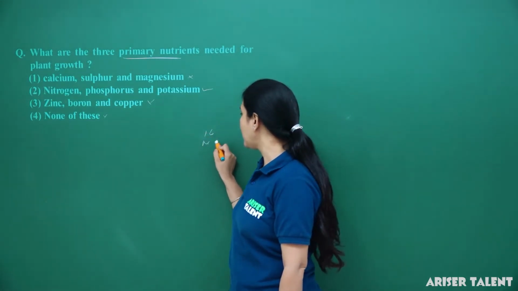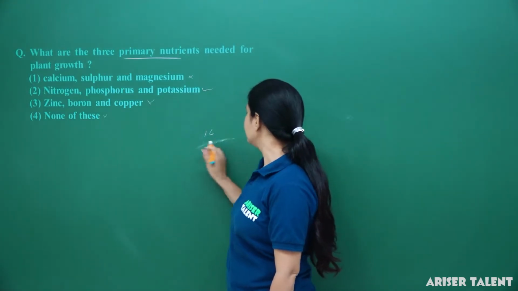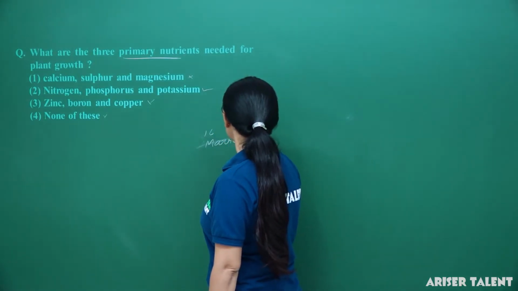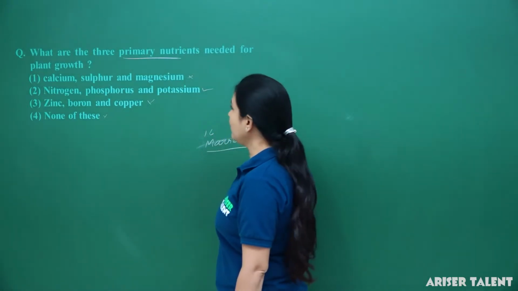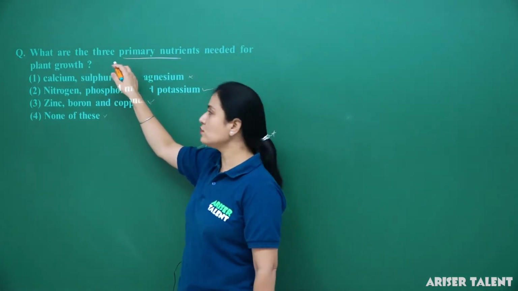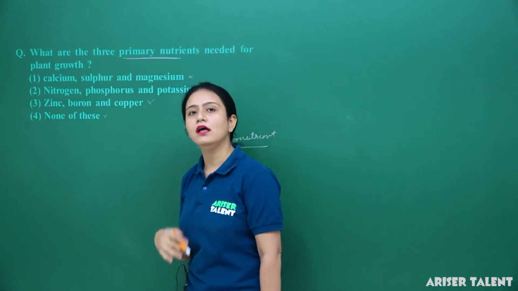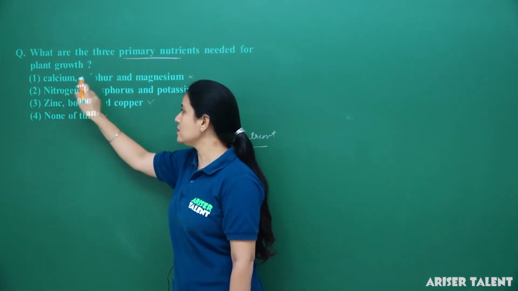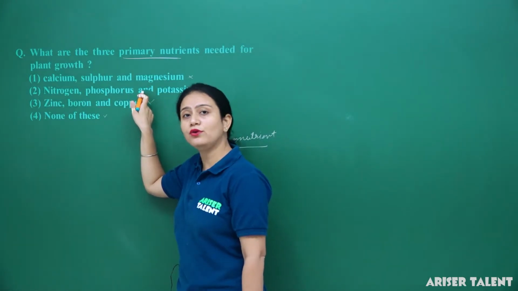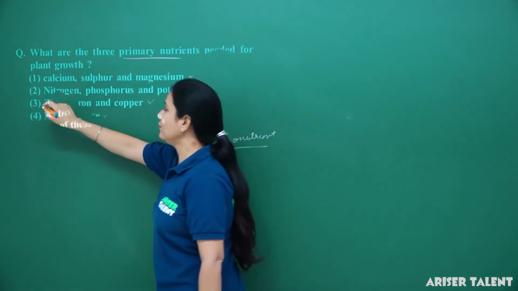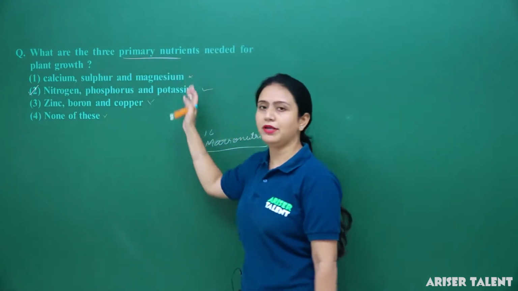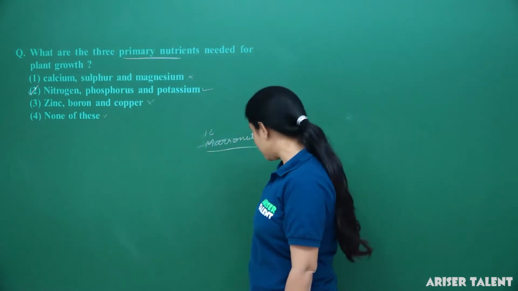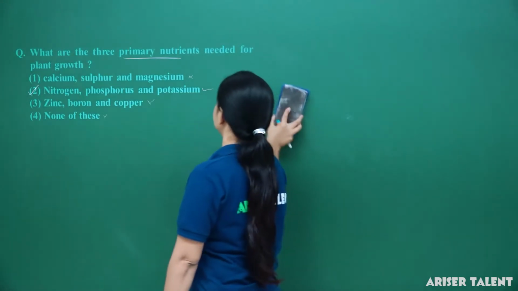Some of them are macronutrients. Macronutrients are also known as primary nutrients because they are needed in large quantity for plant growth. They are nitrogen, phosphorus and potassium. They are required in large quantity. So option 2 is the correct answer.